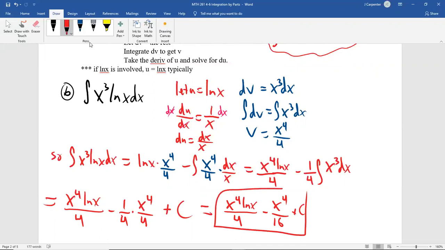That is one way of writing it. If you prefer to have the fractions out front, you can always do that. So 1/4 times x to the 4th, natural log of x, minus 1/16 times x to the 4th plus c. Same answer. Neither I nor my math lab care which way you did that.